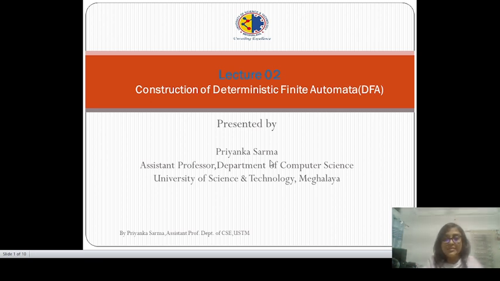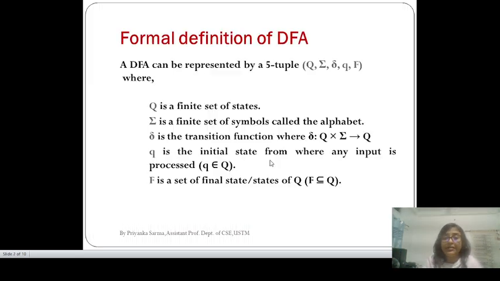Already we have discussed in our lecture 1 the formal definition and basic terminologies of DFA, the formal definition of finite automata, the concept of Kleene star and Kleene closure, and the basic terminologies used in case of deterministic finite automata.